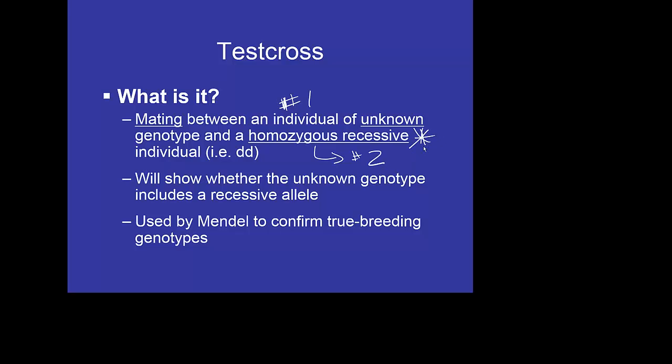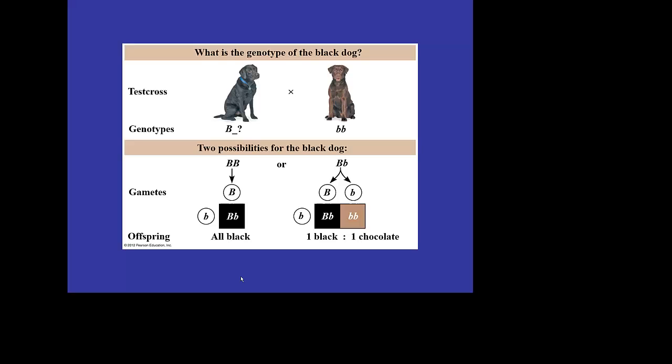This is the critical part. You have to have an individual that's homozygous recessive. Why? Because in our crosses, when we set them up, we have to see whether or not we're going to end up with offspring that show a recessive trait. If you crossed our black-coated dog here, remember we said that could be big B, or big B, little b.